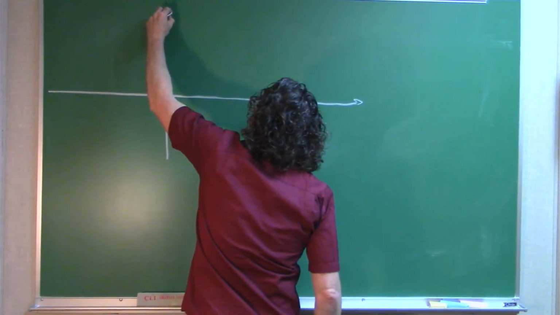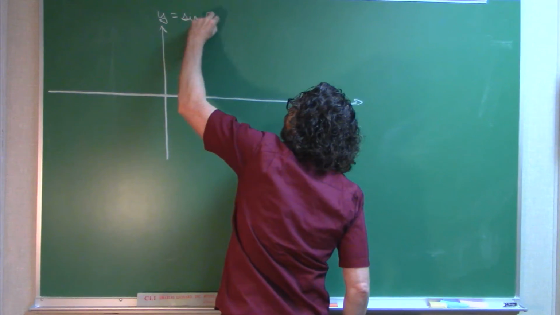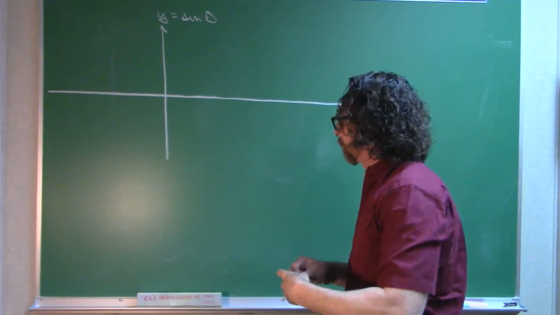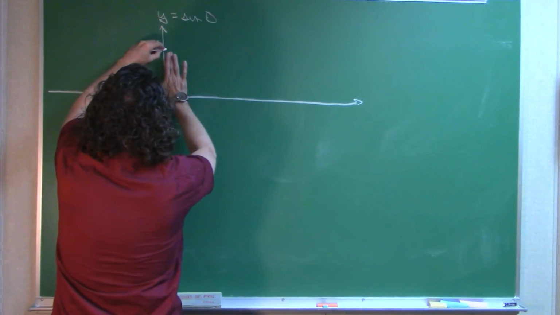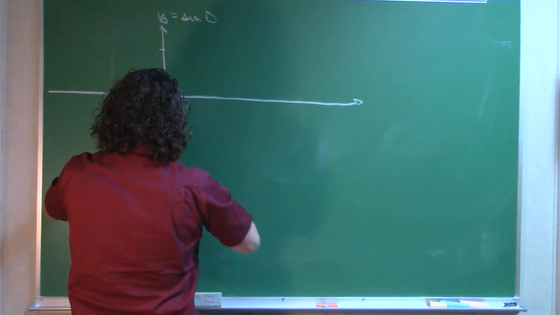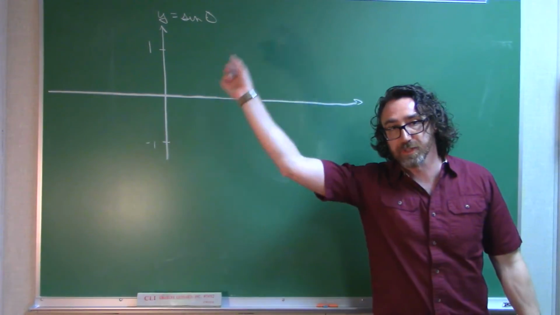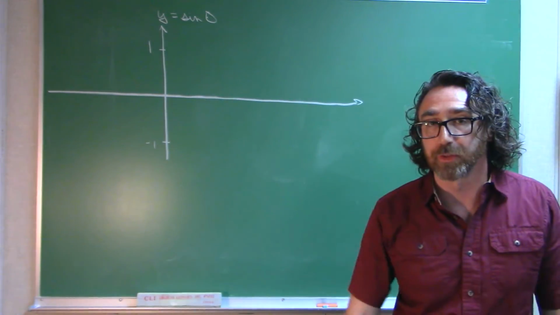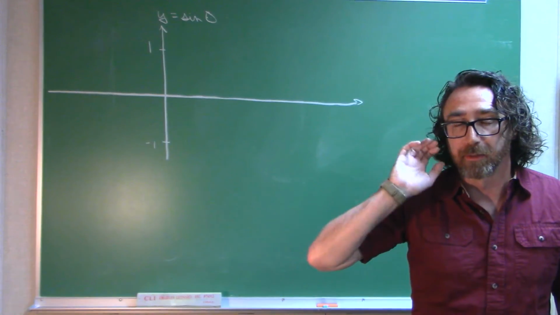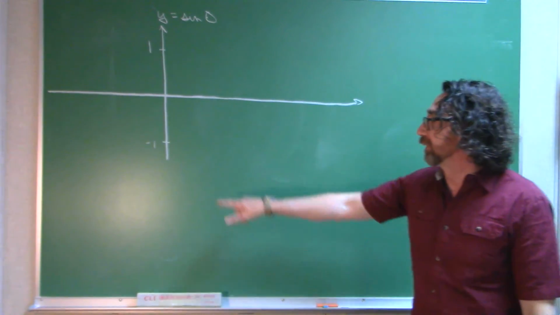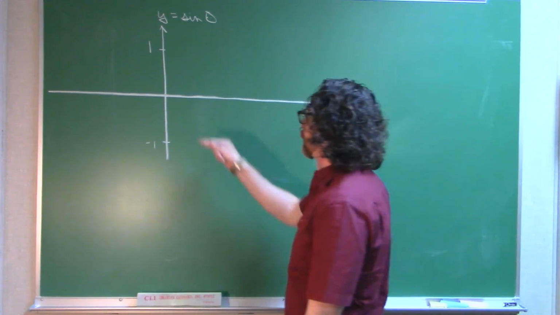On this graph, I'm going to plot y equals sine theta. Okay. So once again, we can see from our unit circle that the max value of the sine function for any angle is going to be 1. Sine of any angle is always going to be 1 at most. And the minimum that it can be is -1.